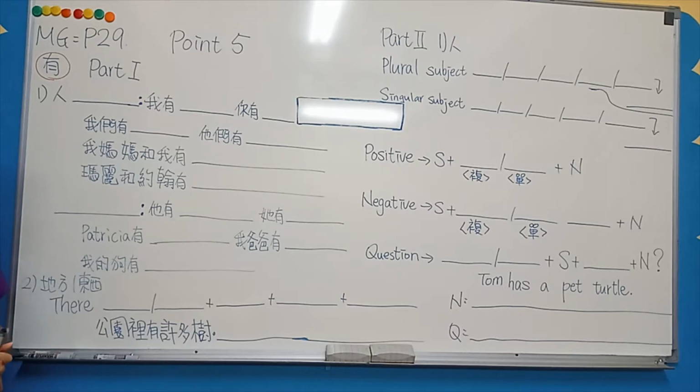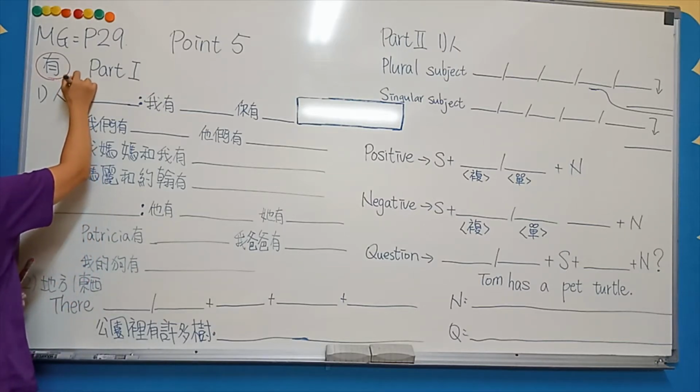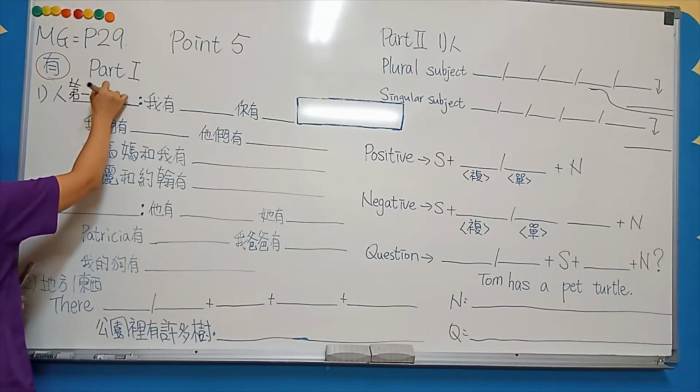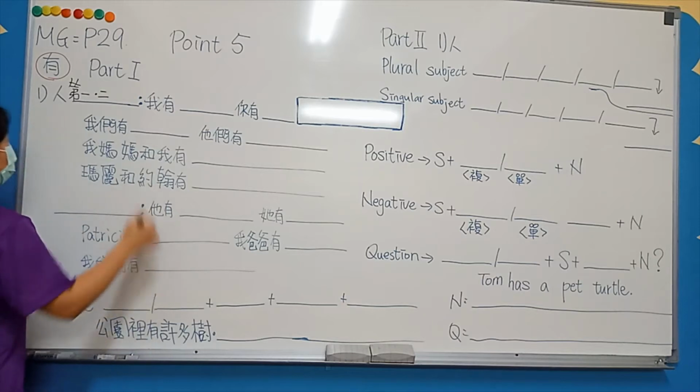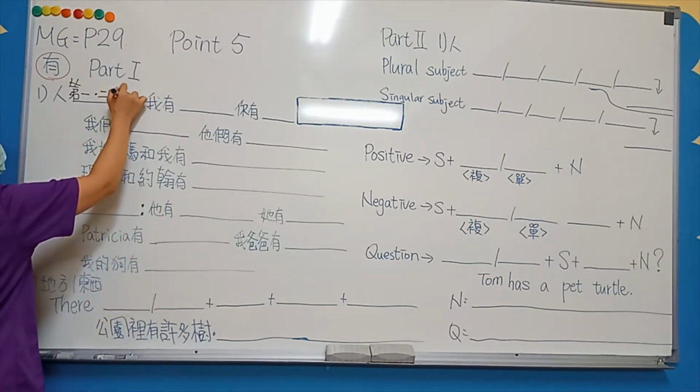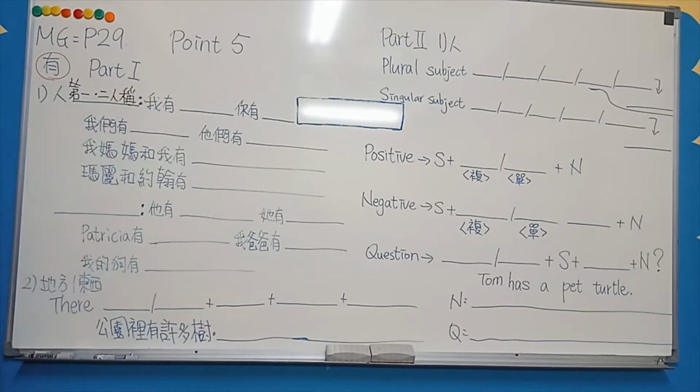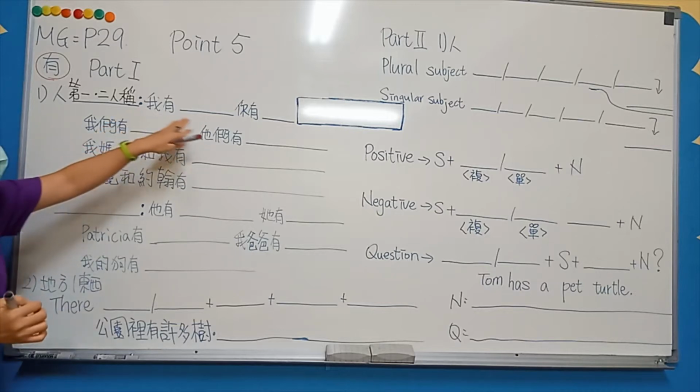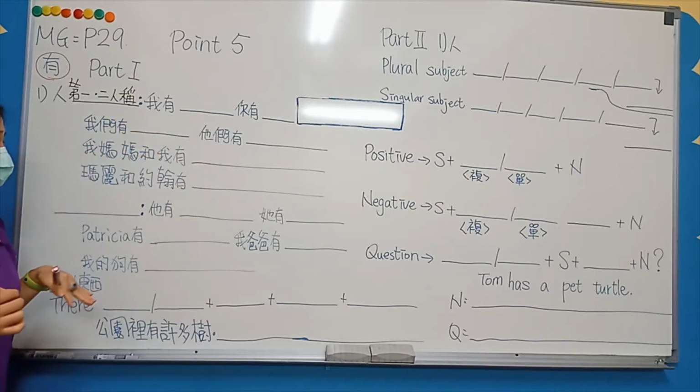So here you just need to write down the Chinese 第一二人称, 第一跟第二人称. You can see 我, 你.